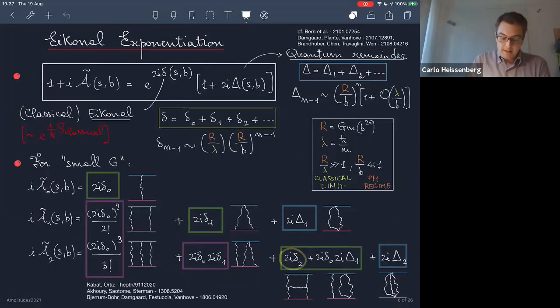So in the classical limit, we expect the amplitude in momentum in impact parameter space to exponentiate according to this form. In particular, it should have the exponential of a large classical phase, reminiscent of e to the i over h bar classical action. And so this delta here, which we call the Eikonal, should be really proportional to r over lambda, so to 1 over h bar.